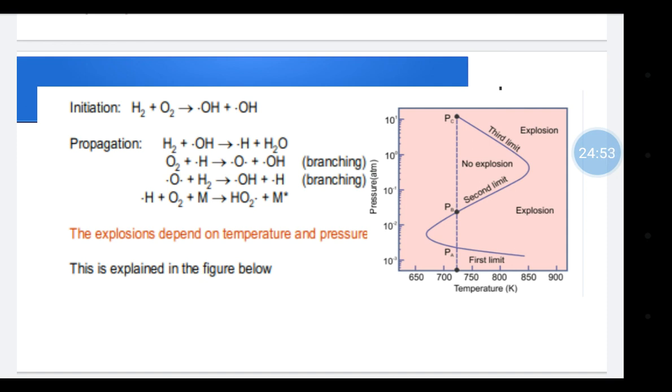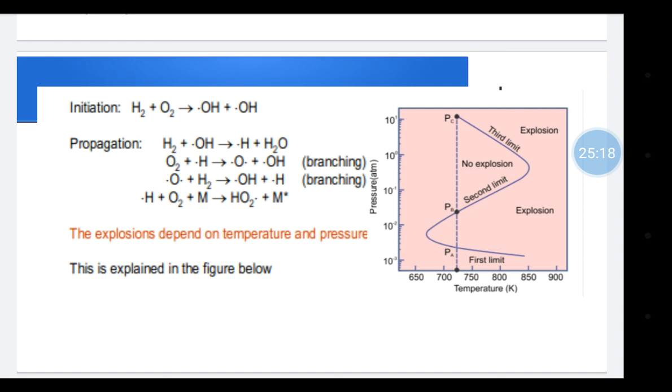Another propagation step is the reaction of O free radical with hydrogen to produce hydroxyl free radical and a hydrogen free radical. Again, you can see that one reactive intermediate produced two reactive intermediates. That is again a branching reaction. Now H dot plus O2 plus a third body M gives HO2 plus M star.